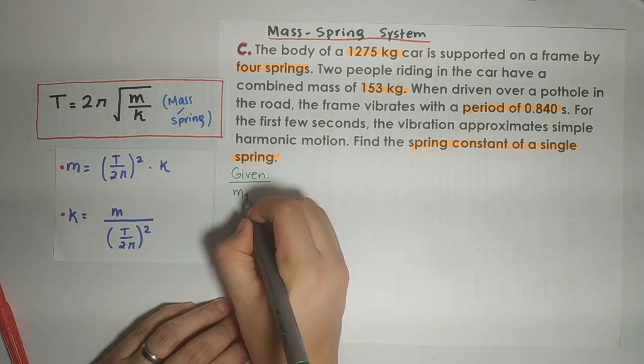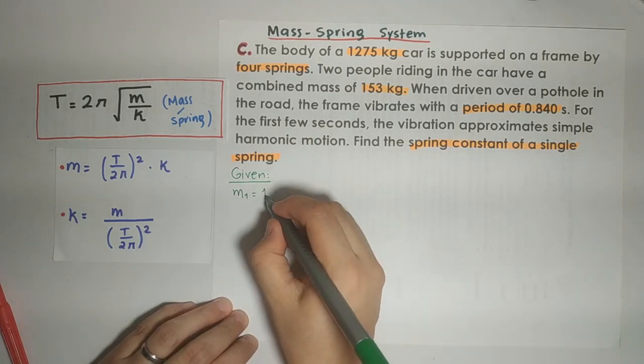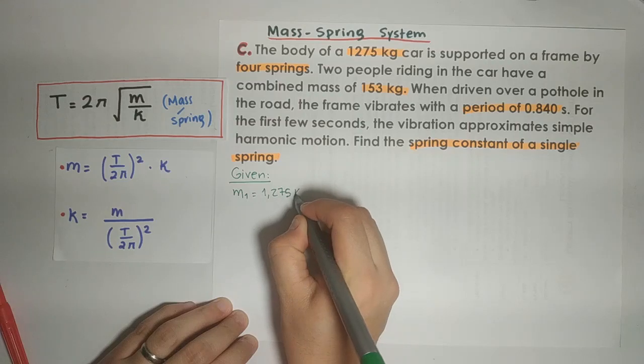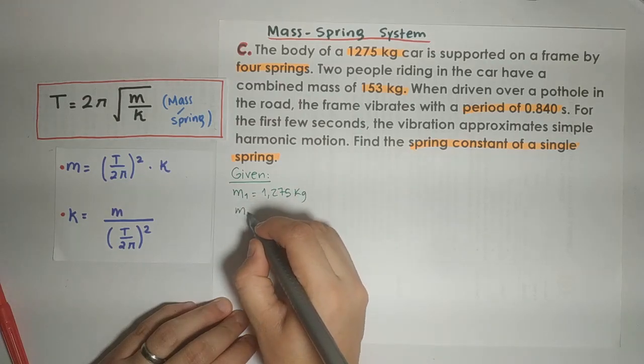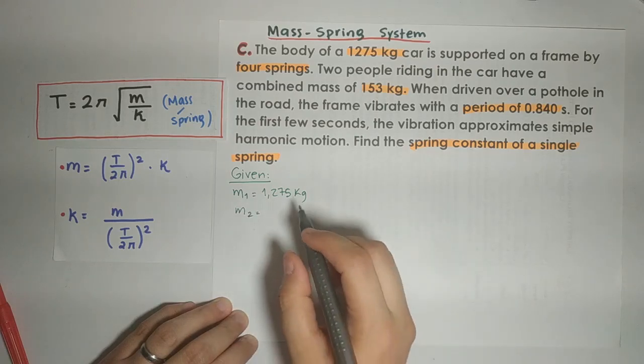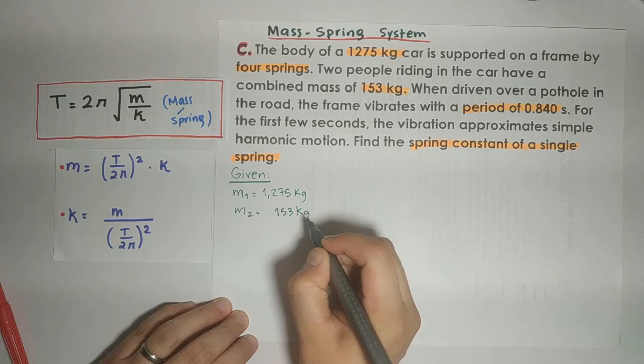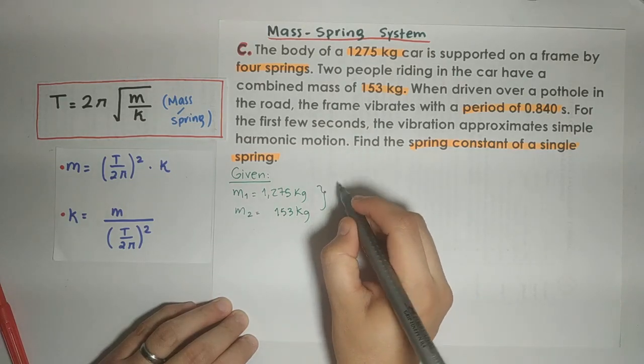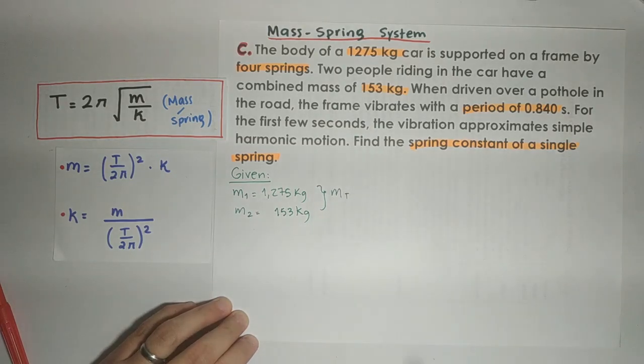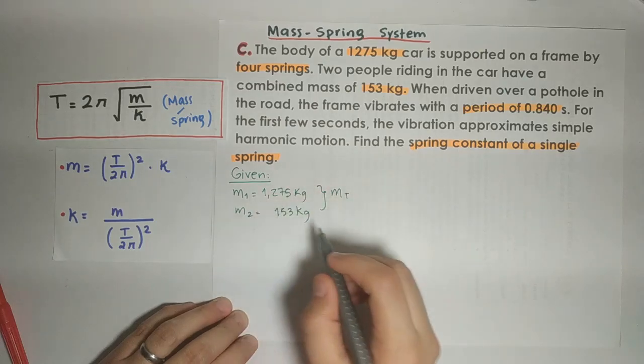Given mass 1, that is the car mass, 1,275 kilograms. The mass of the 2 people we're going to consider to be 153 kilograms. Now the total mass is going to be the addition of both.